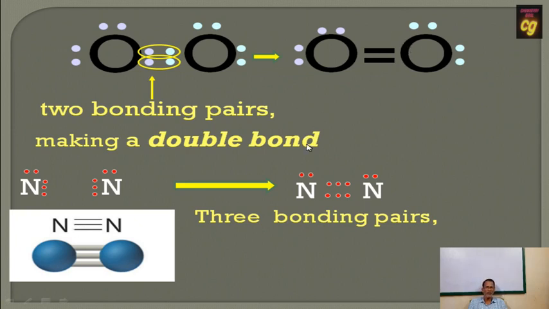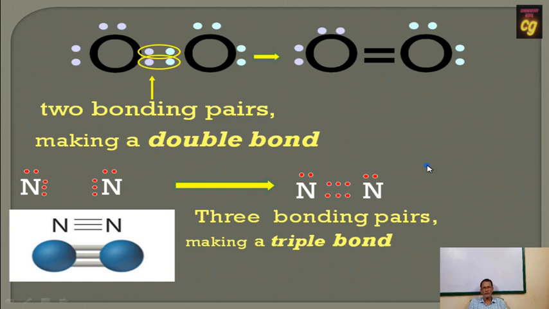To satisfy the noble gas configuration, both nitrogen atoms and both oxygen atoms share their electrons. Each oxygen contributes 2 electrons, and 4 electrons are shared by both oxygen atoms. Here 6 electrons are shared by both nitrogen atoms, forming 3 covalent bonds, that is called a triple bond.